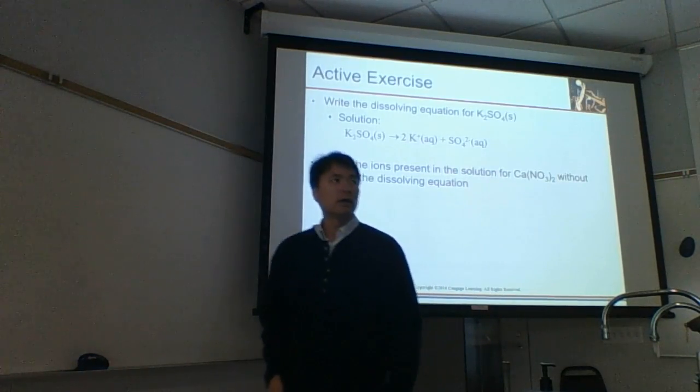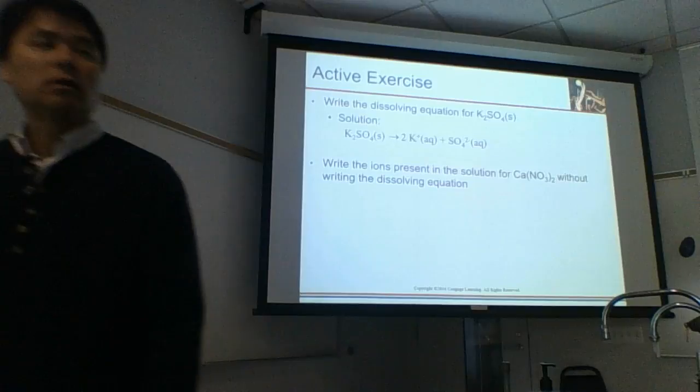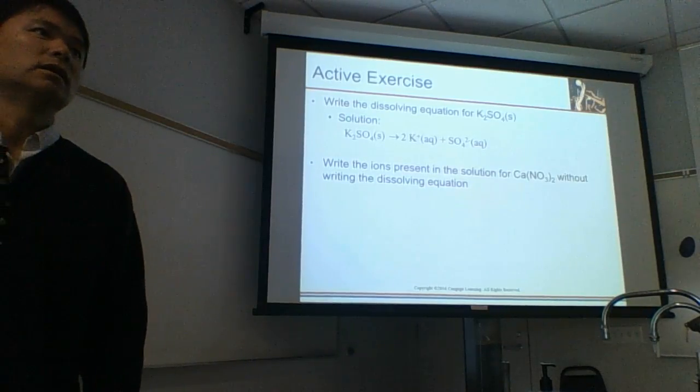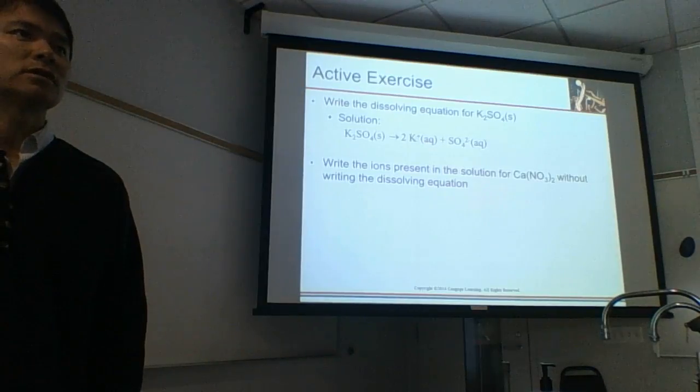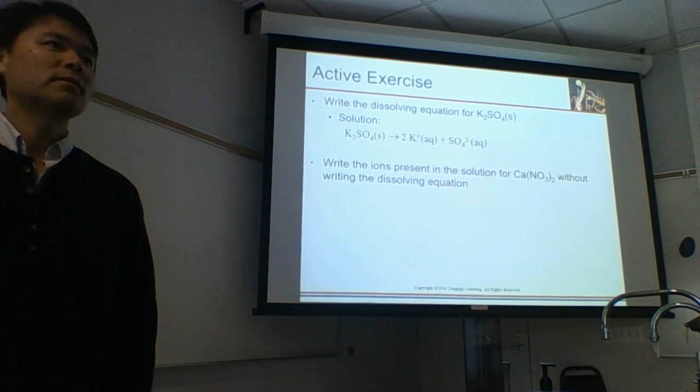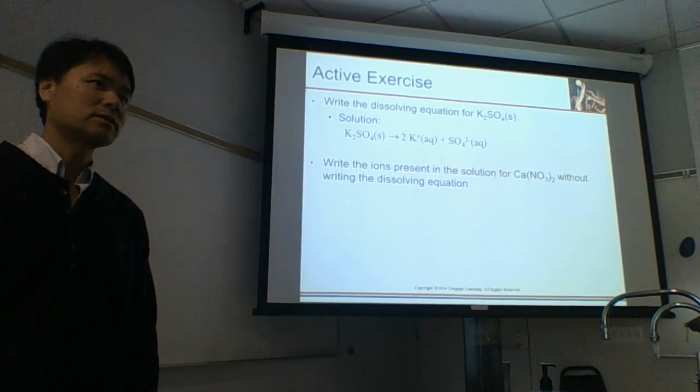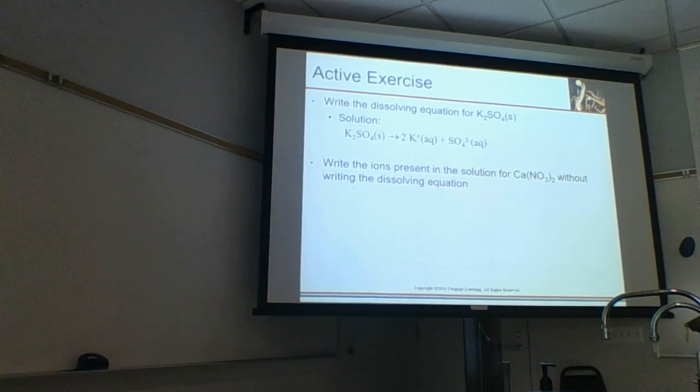How do you tell if it's a salt? If it's an ionic compound and it's not hydrogen, it's a salt. All ionic compounds are salts except for acids. Acids, we don't call salts. Acids are borderline molecular ionic. So ionic compounds are all salts.